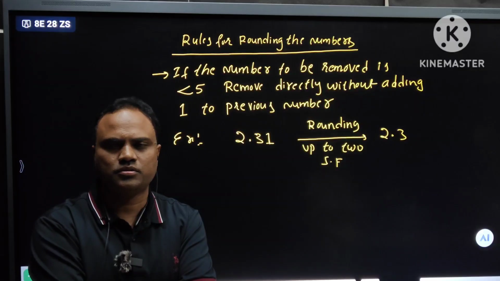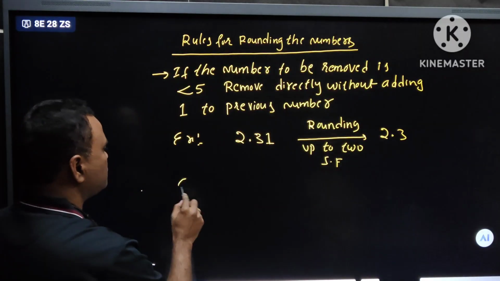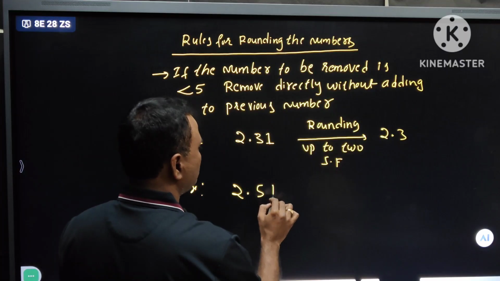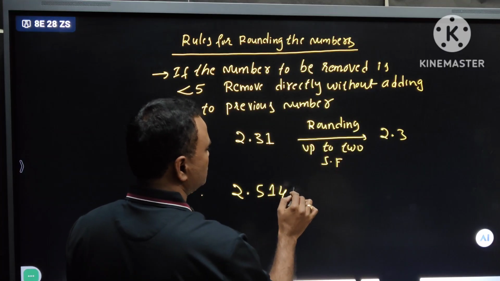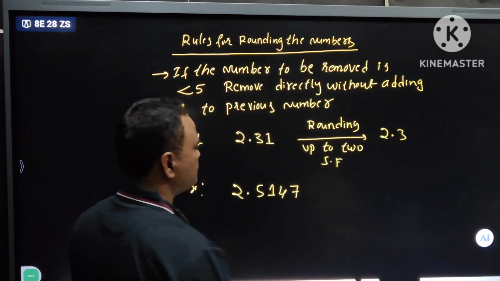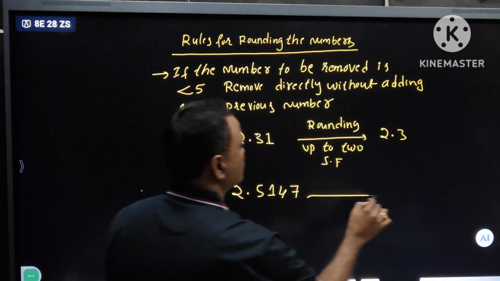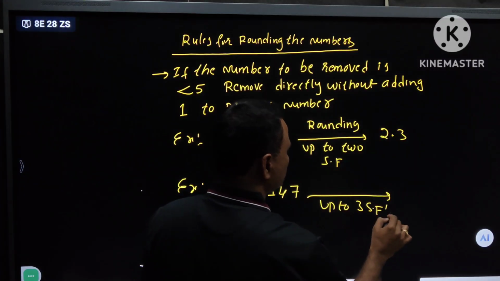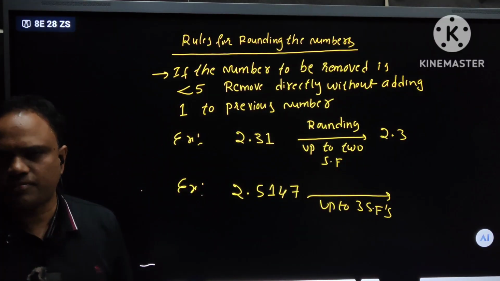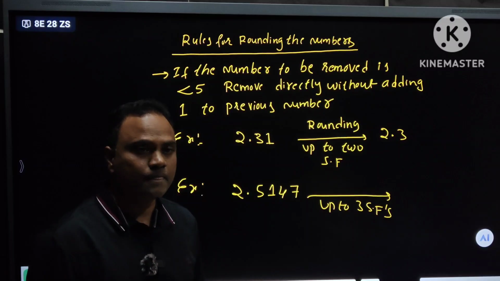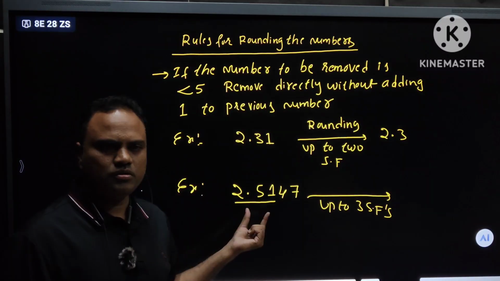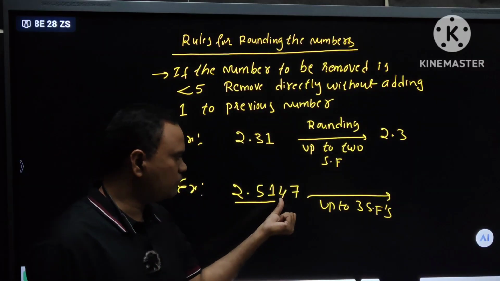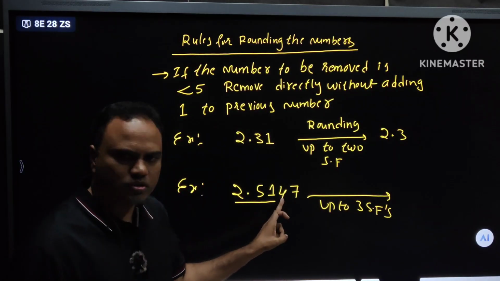See this example: 2.5147 up to 3 significant figures. You have to take up to these 3 only. You have to remove 4 and 5, but you have to consider this only.